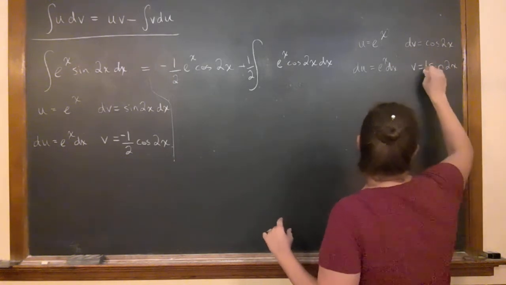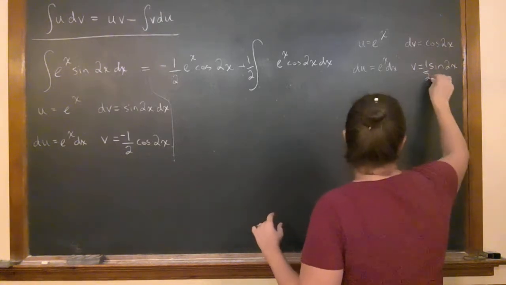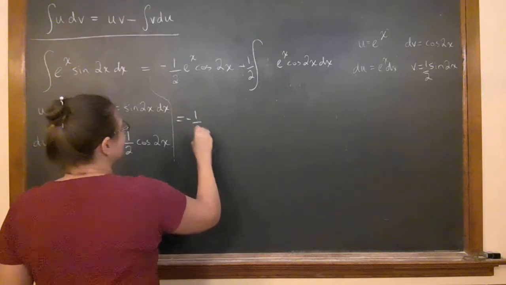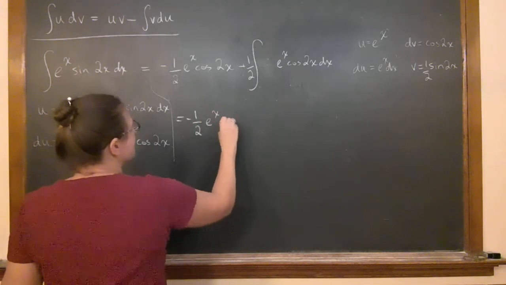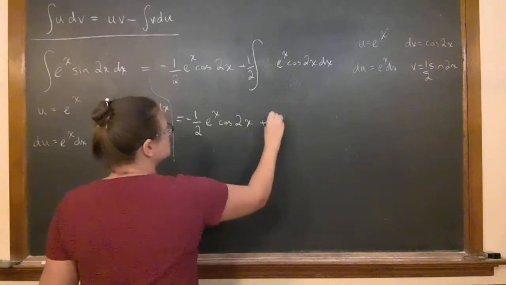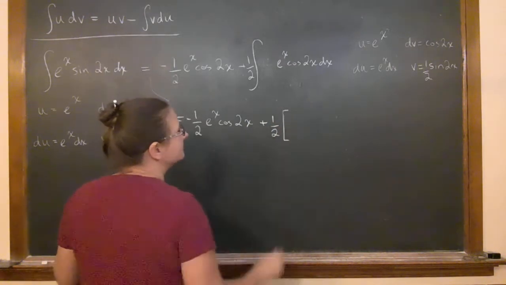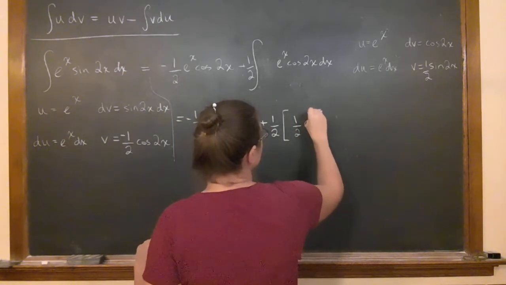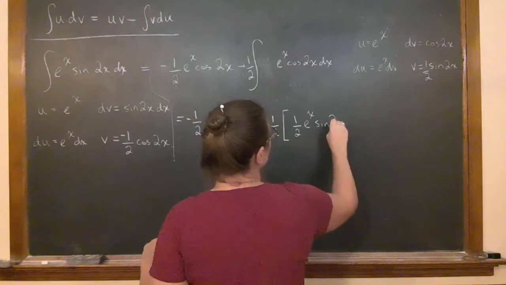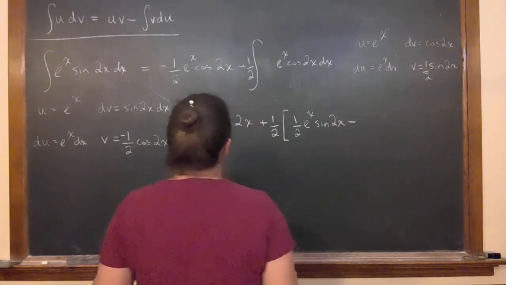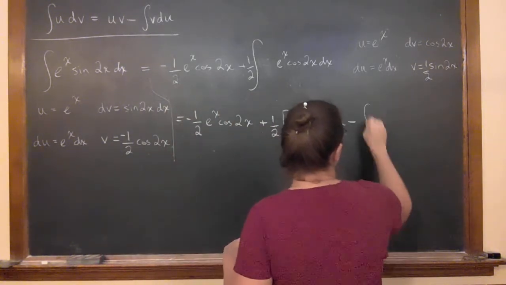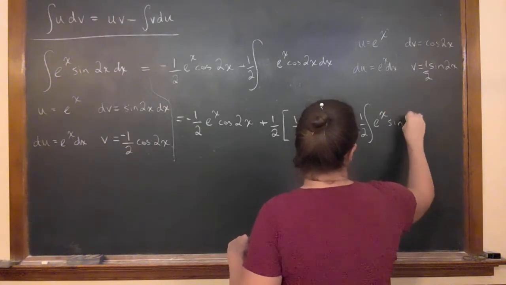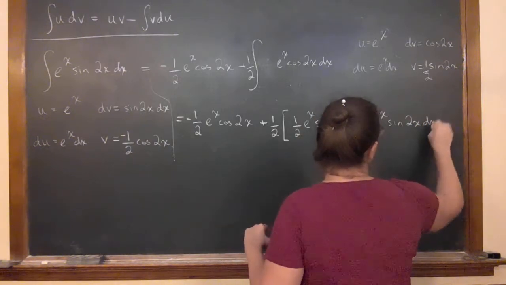Now if I put this in here, this piece stays the same. Plus 1/2 times uv, which is 1/2 e to the x sine 2x, minus the integral of v du, which is 1/2 e to the x sine 2x dx.